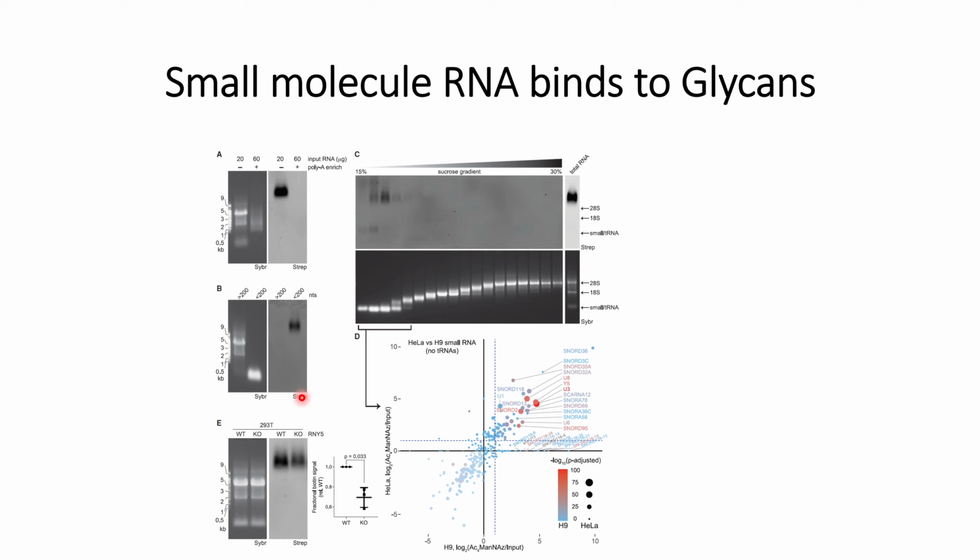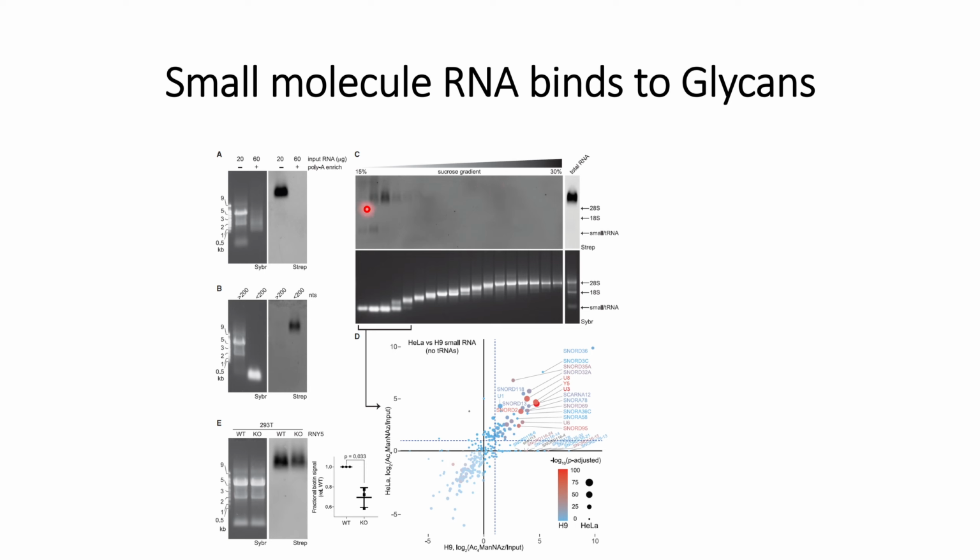Later on, they checked this small molecular weight RNA through RNA blotting in a sucrose gradient from 15% to 30%.